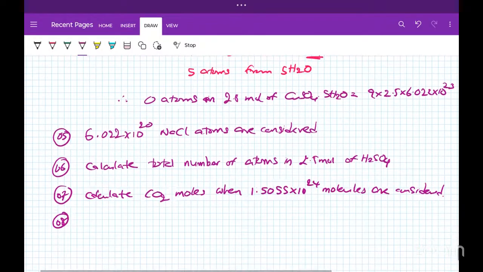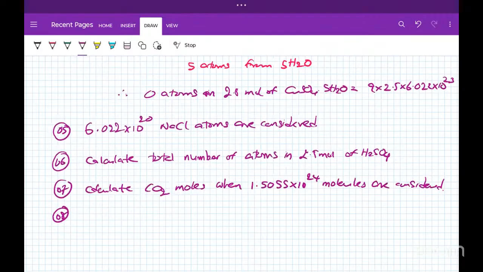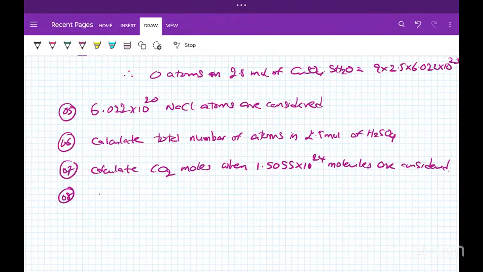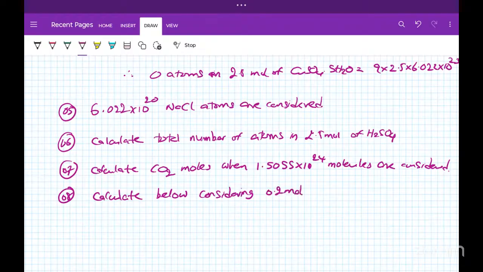Number 8. Calculate below, considering 0.2 moles of C6H12O6.